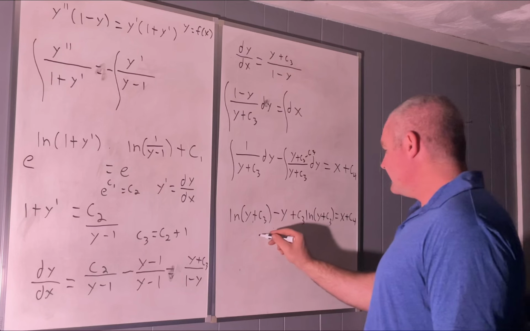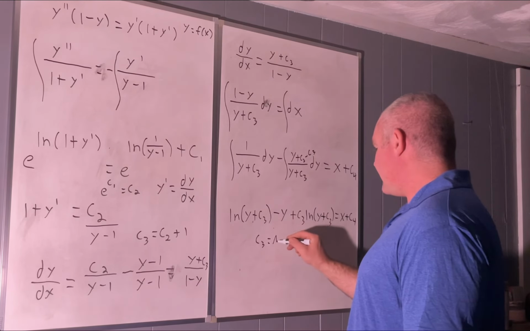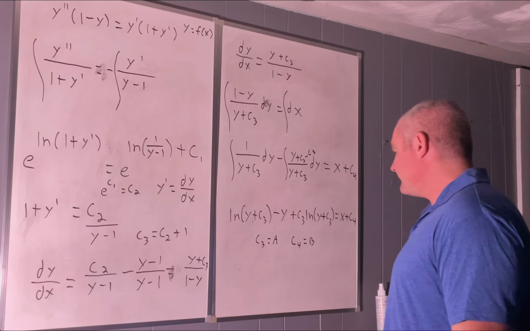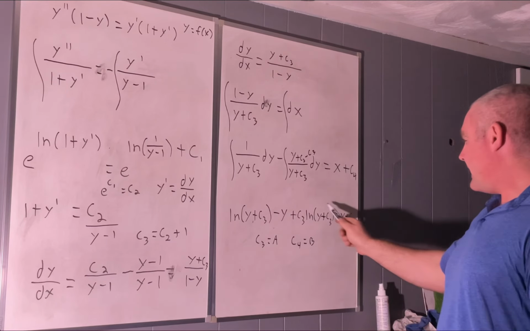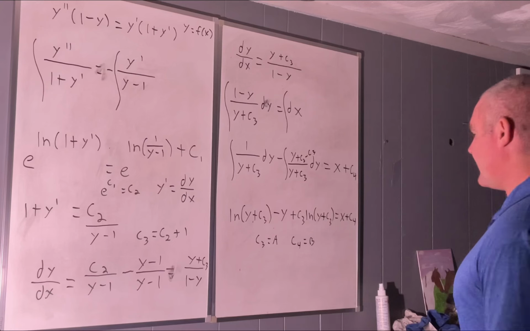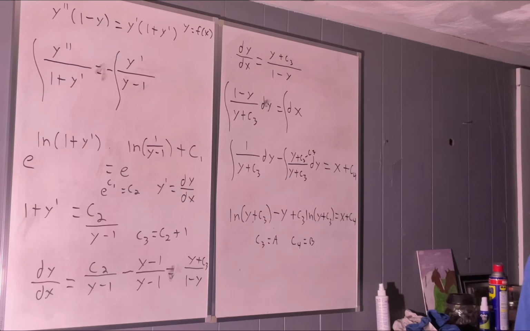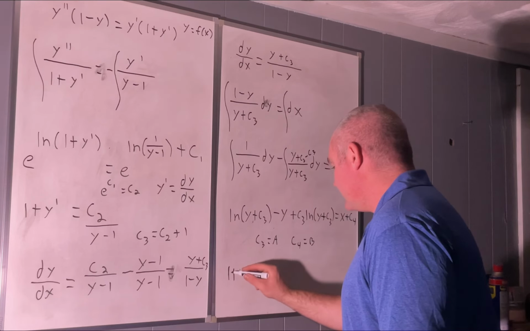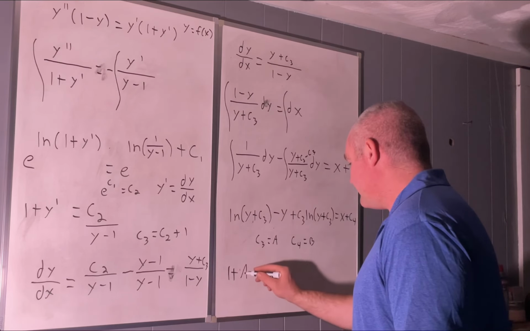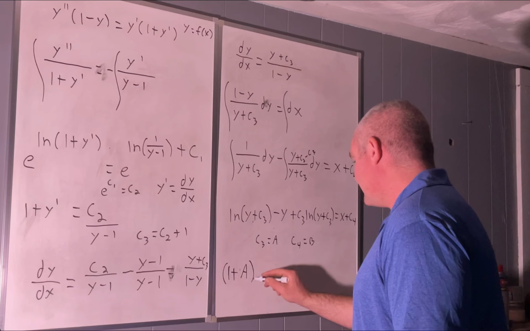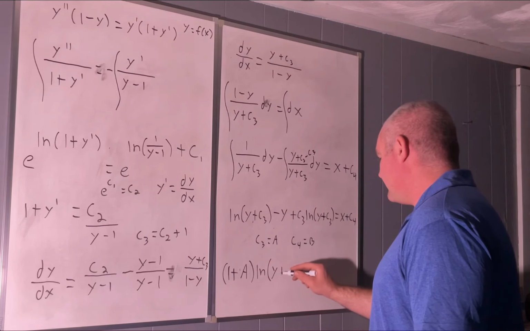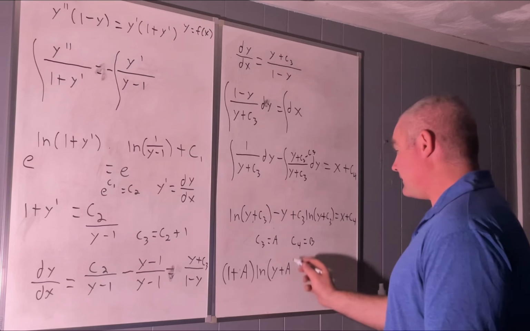Now we'll call c3 equal to a and c4 equal to b. We'll add these two together and factor out a natural log of y plus c3 to give us this. We'll get 1 plus c3, which is a, times the natural log of y plus c3, which is a.